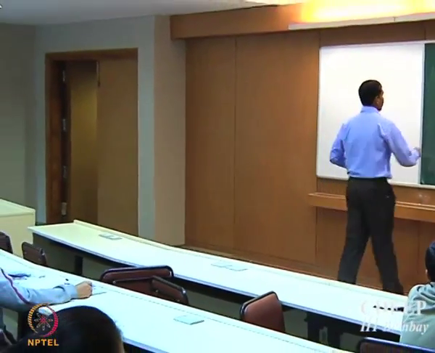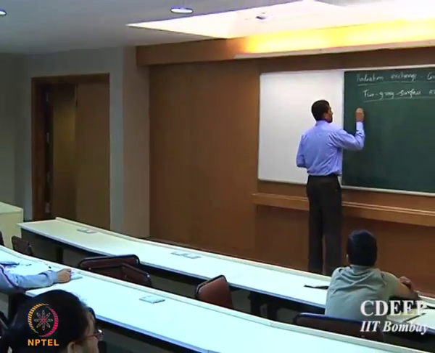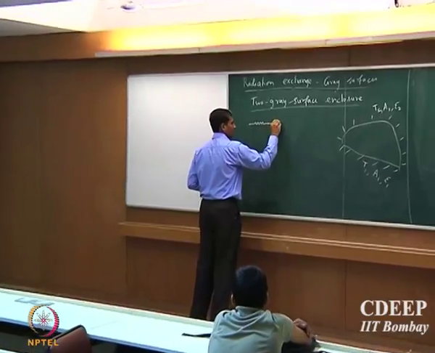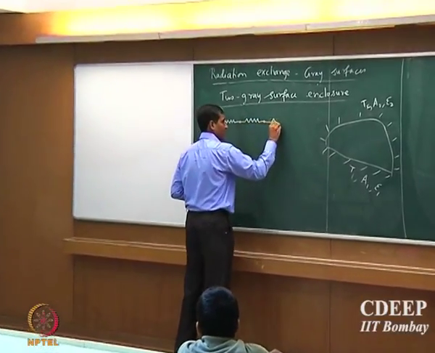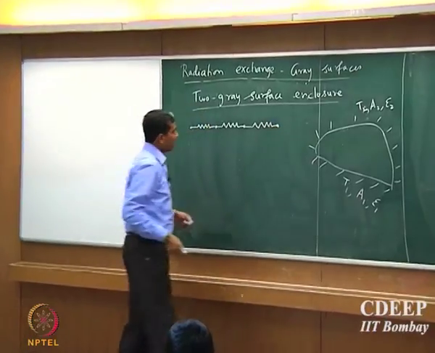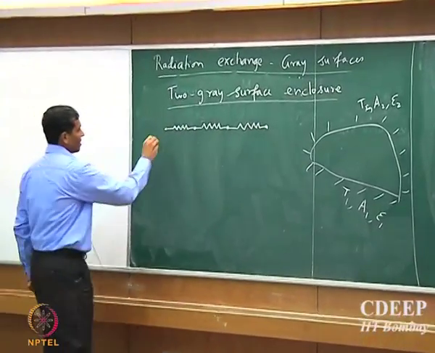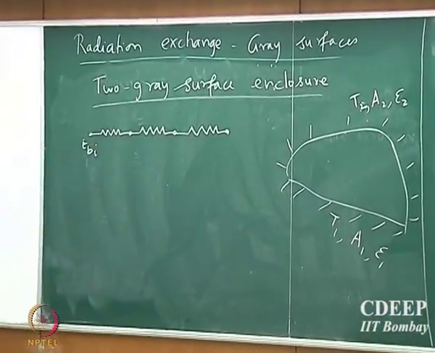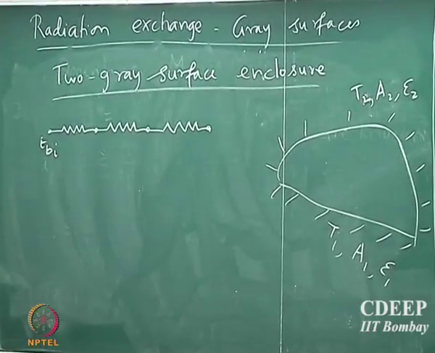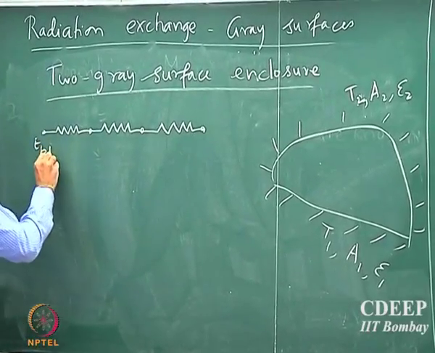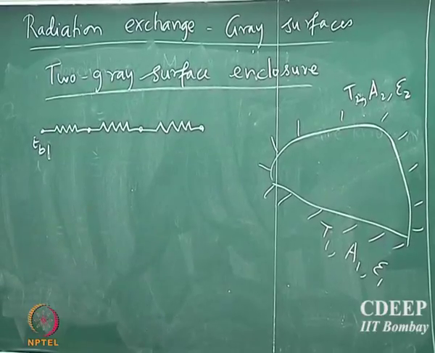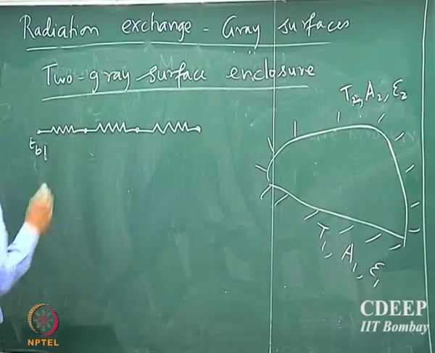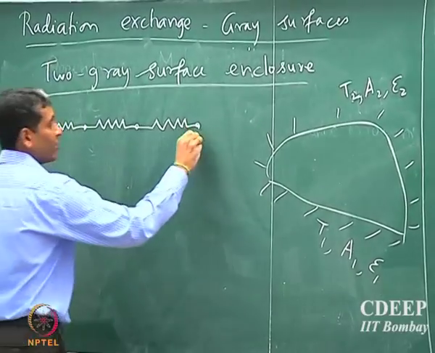Okay. So, every surface, supposing the black body radiation of the first surface is EB1, okay, and the black body radiation of the second surface is EB2.